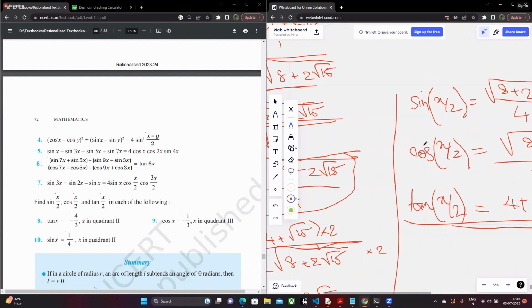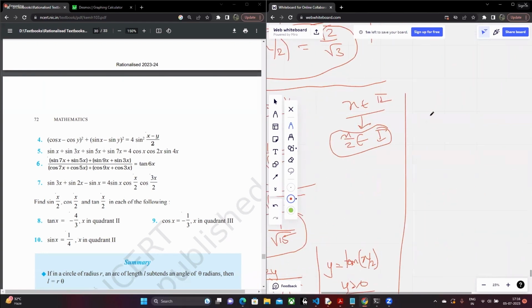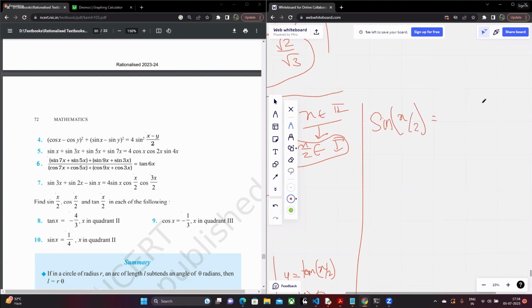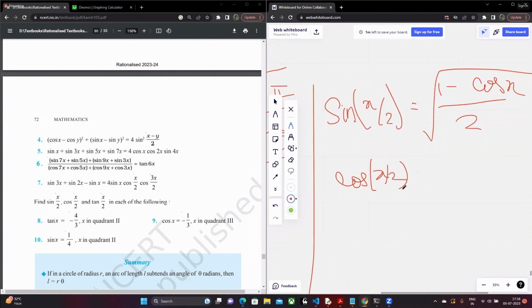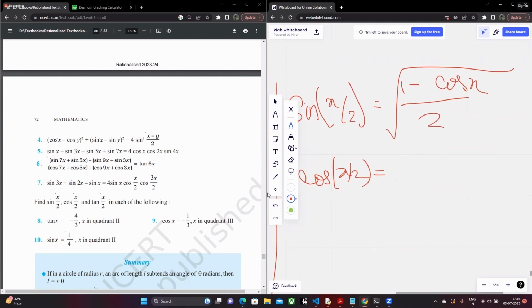Instead of doing all this, there are actually way easier formulae, right? For half angles, you usually say that sine of x by 2 is equal to 1 minus cos x by 2 whole under root. You say that cos x by 2 is going to be square root of 1 plus cos x divided by 2.